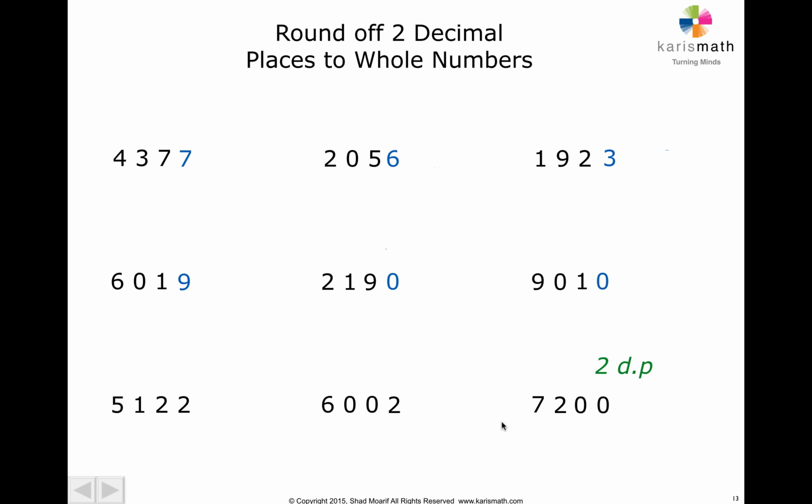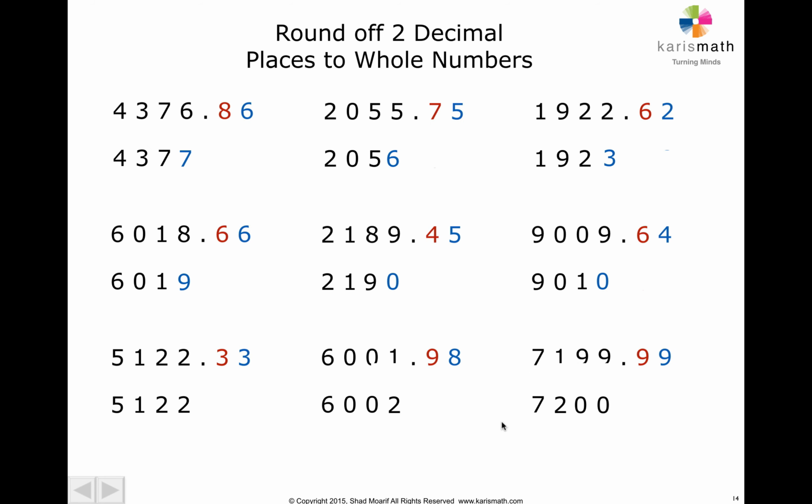Absolutely right. Great job. You got the hang of it. So that's how we do this, changing 2 decimal places to no decimal places. These are the 2 decimal places. Without them, the number becomes what you see below. So take a good look at these patterns, and once you've got the hang of it, practice these on your own.